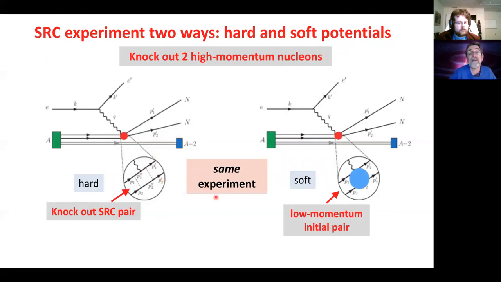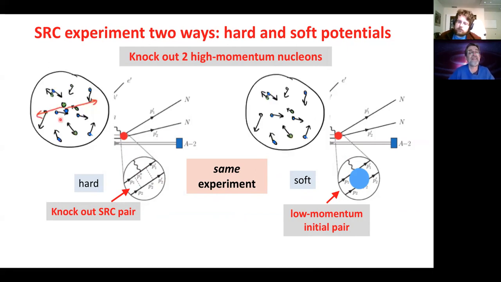But there's another explanation, and that's that the wave function is completely soft. It's just simple things, and the interaction is not with a single nucleon, but with two nucleons at a time. And that's our picture of what happens. This goes with this hard picture, this goes with the soft.